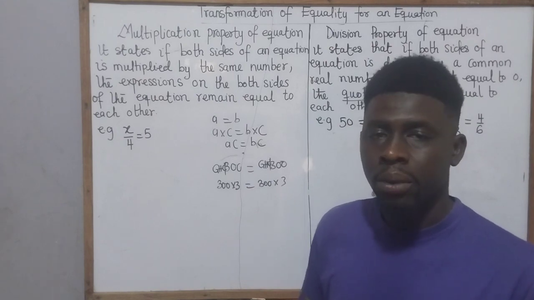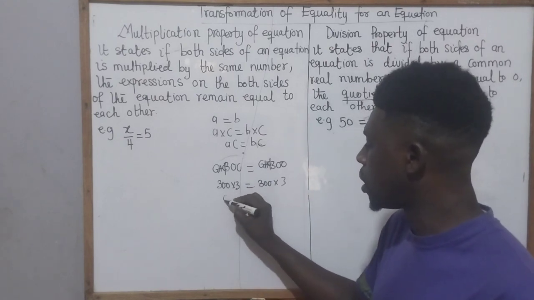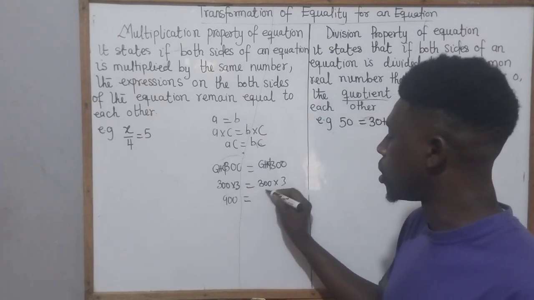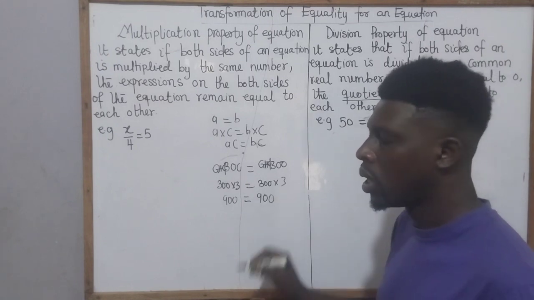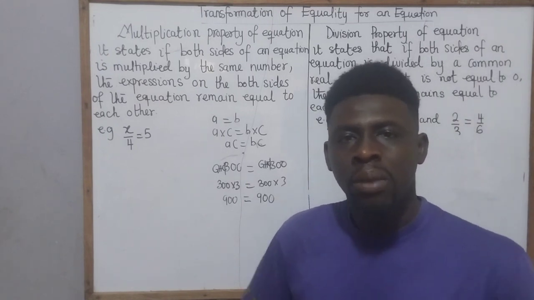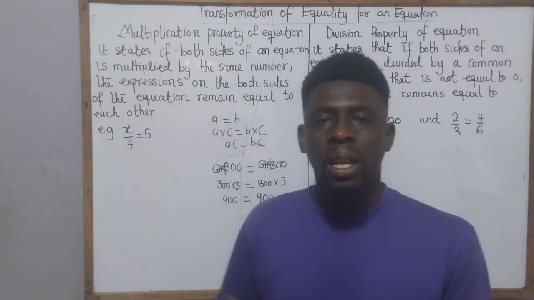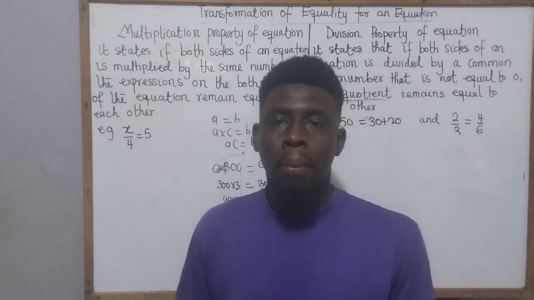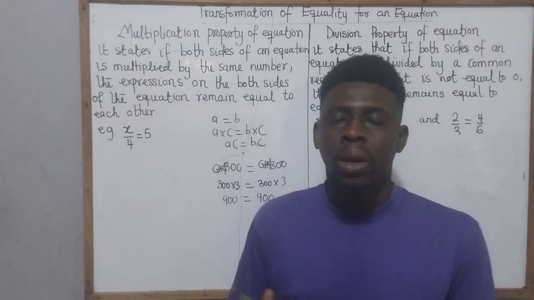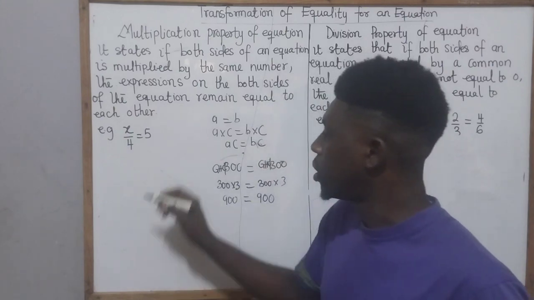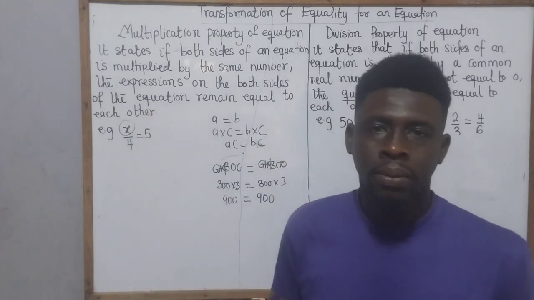What will be their result? 300 times 3 gives me 900, which is equal to 900, meaning that if both sides multiply their money by 3, they end up having the same amount of money. So we are going to use that knowledge in solving for x.